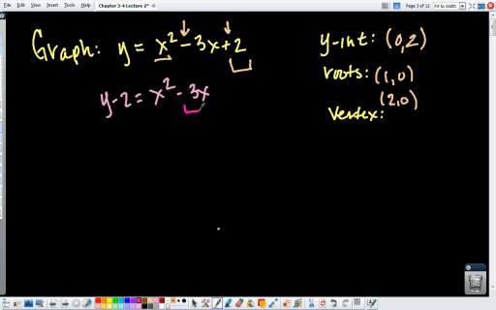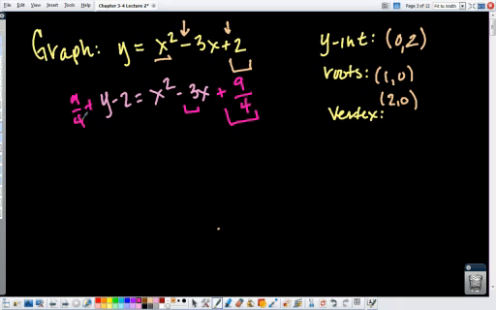As a reminder, we take our b term, which is negative 3, and cut it in half. Half of negative 3 is negative 3 halves, and then we square it. Negative 3 halves squared is 9 fourths. So I've added 9 fourths to this side of the equation. What I do to one side, I do to the other. Alright, so my square has been completed.